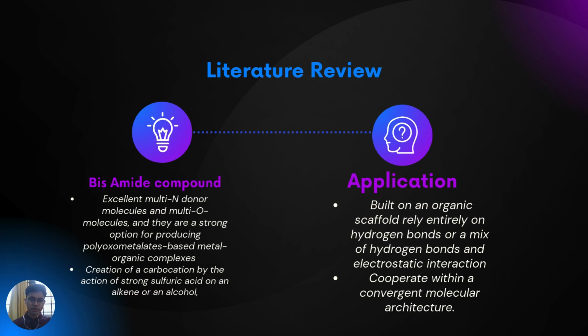There are several applications of bisamide compounds. One of them is to build an organic scaffold relying entirely on hydrogen bonds or a mix of hydrogen bonds and electrostatic interaction. Secondly, it is also easy to incorporate within a convergent molecular architecture.